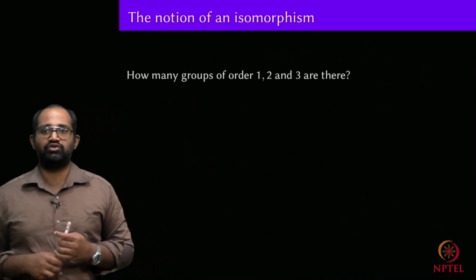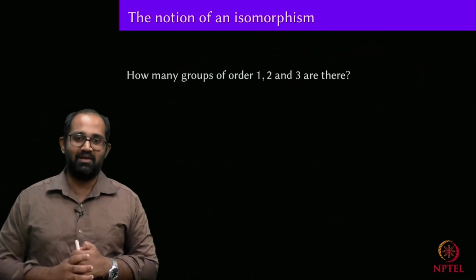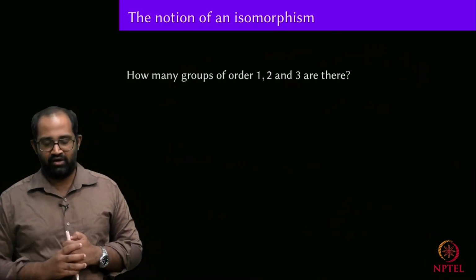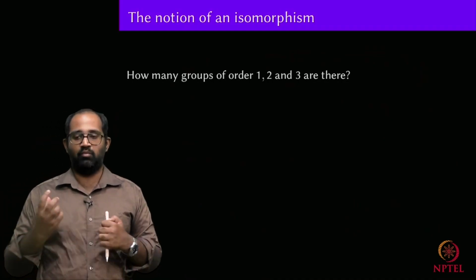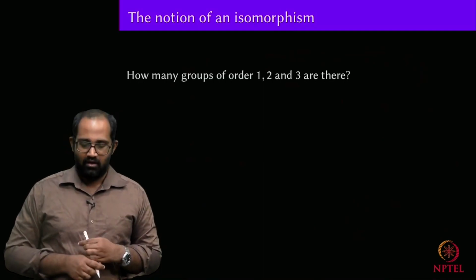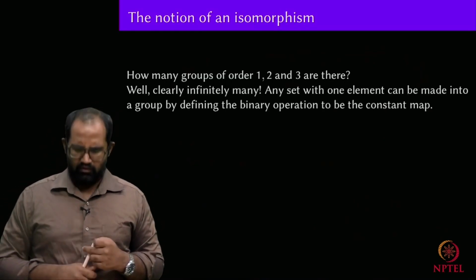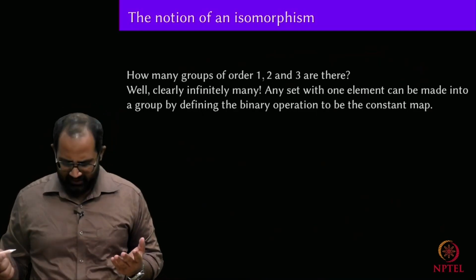Now, we come to the notion of an isomorphism, where I clarify what I mean by it. It is clear that there is only one group of order 1, that is, a group which has only one element. How many groups of orders 1, 2 and 3 are there? Well, obviously the answer is infinitely many.